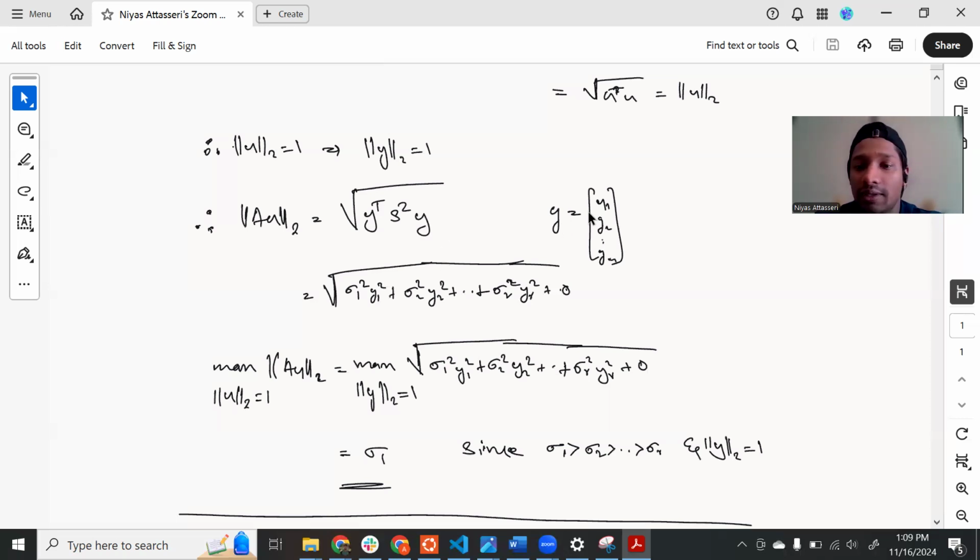Now y can be written as a column vector, y1, y2, etc. to ym.